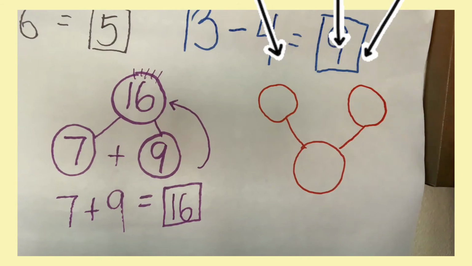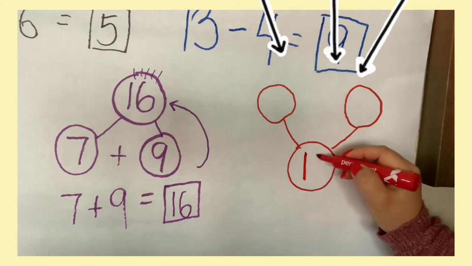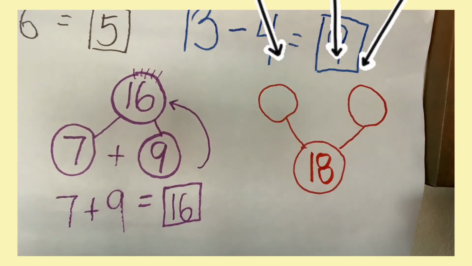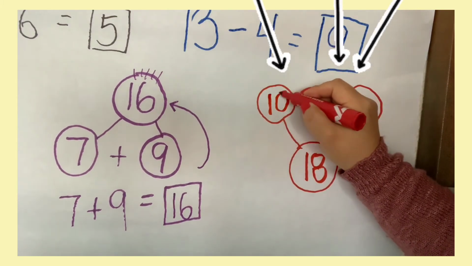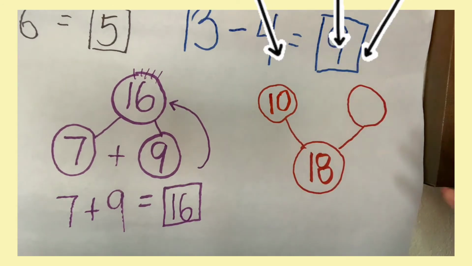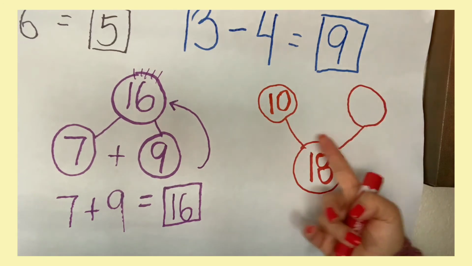All right, so the whole is, let me figure out, 18, okay? And a part will be a 10. All right, so when you see a number bond that looks like this, we know that these are the two parts. Two parts make up a whole.